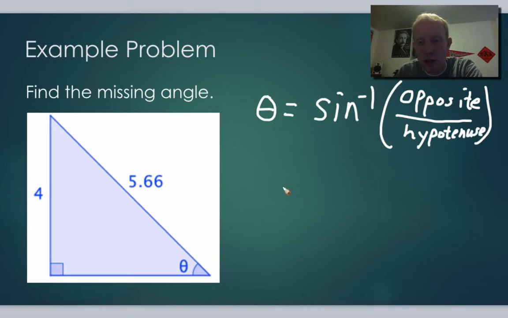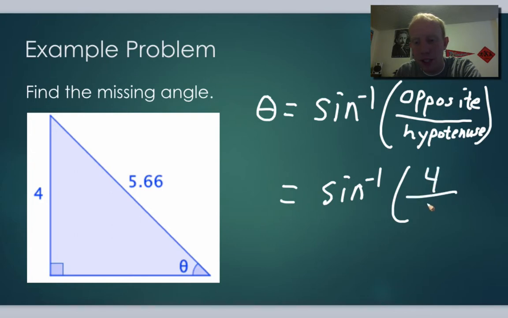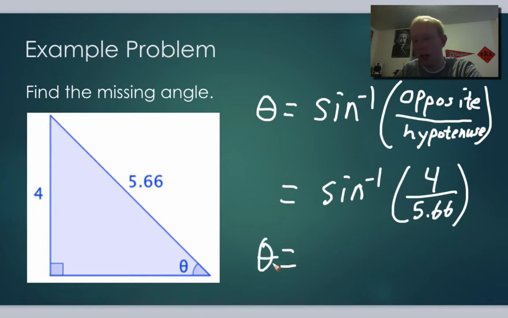That's going to give us sine inverse of 4 over 5.66, and that will give us theta when we put it into our calculator.